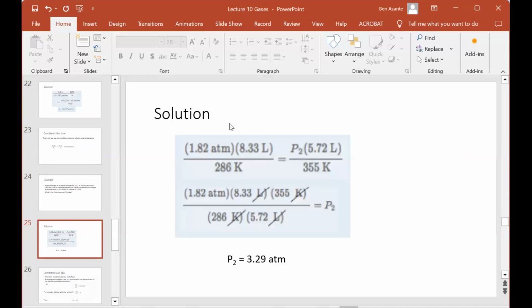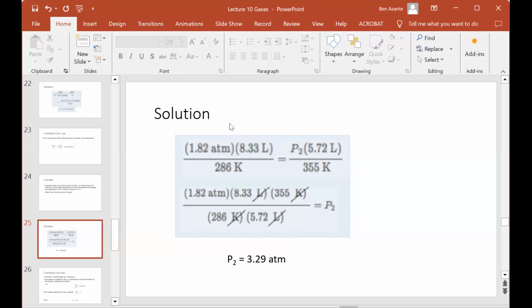It's 3.29 atm. P1V1 divided by T1 equals P2V2 over T2. Then you change the subject: multiply and divide by the temperature and the volume, so you have P2 standing by itself. Then you do the cancellation, multiplications and divisions, and you get your answer nicely, neatly done.